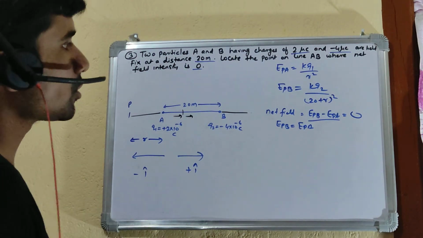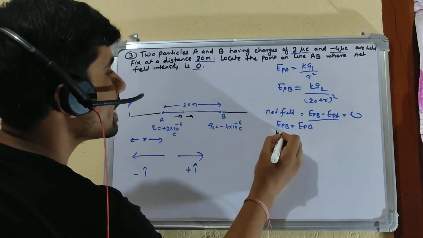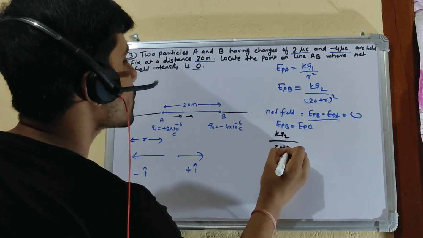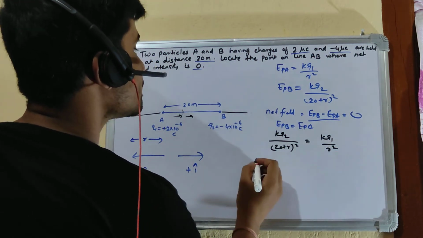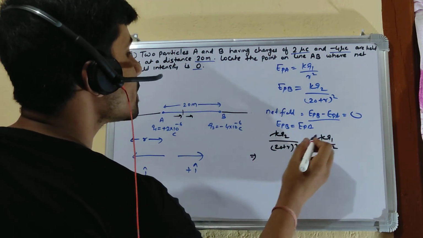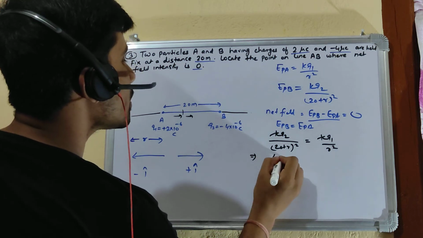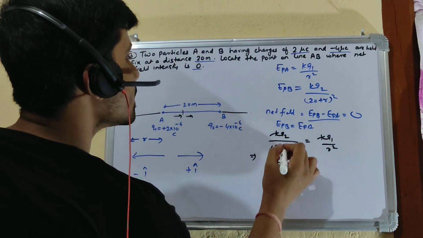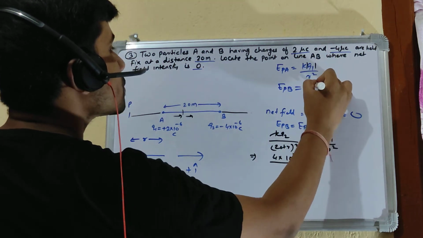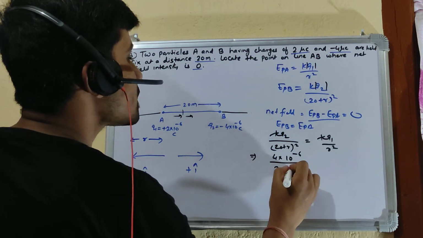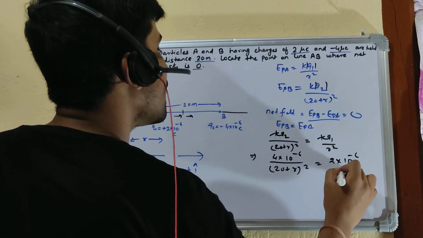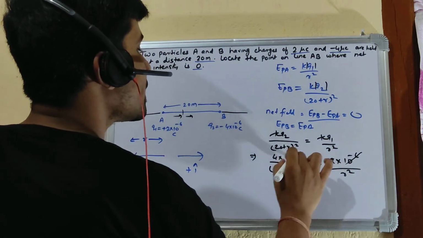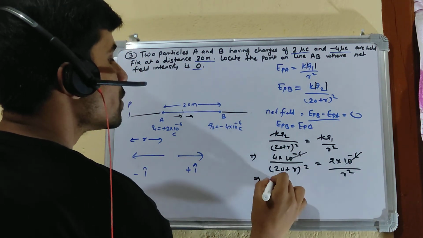Now let's put the values. This is KQ2 by (20 plus R) square. This is KQ1 by R square. K will cancel out each other. Q2 is 4 into 10 to the power minus 6 coulomb. These all are magnitudes. By (20 plus R) square. This is nothing but 2 into 10 to the power minus 6 by R square. 10 to the power minus 6, 2 and 2 will cancel.